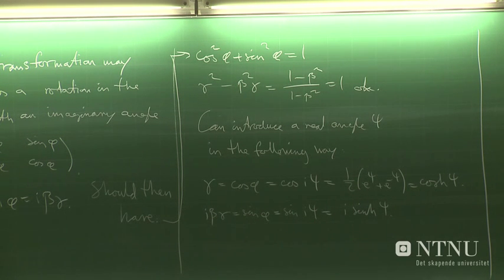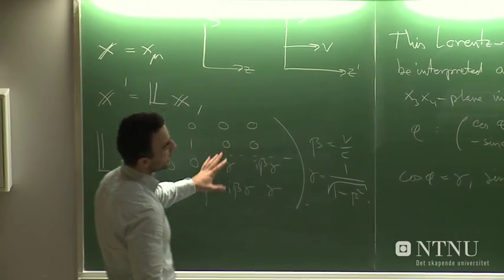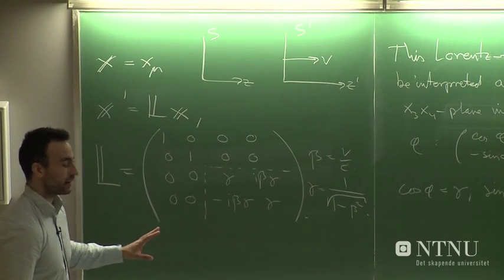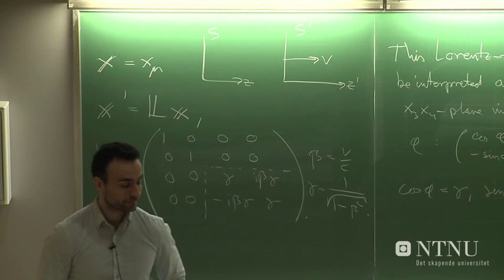All right, so what's the point of doing this? Is there any practical advantage to making this analogy between rotation in a plane and this Lorentz transformation? Do you have any ideas?